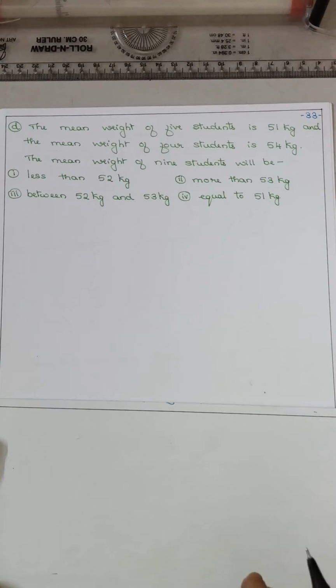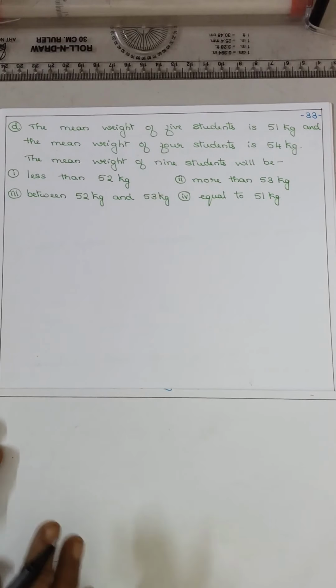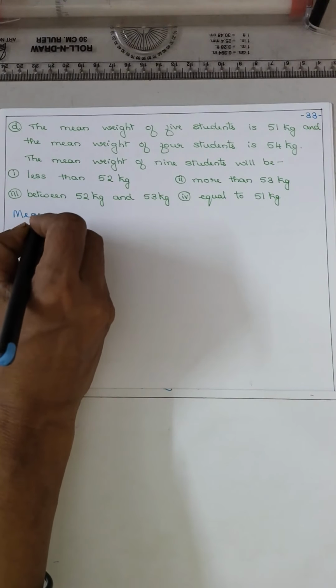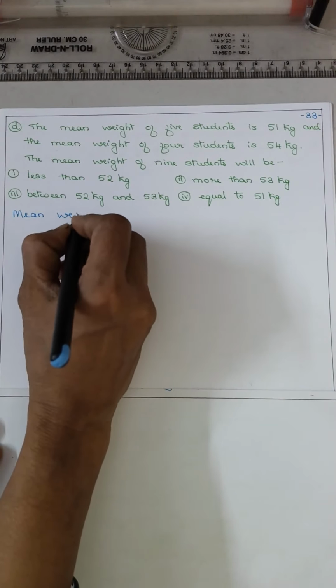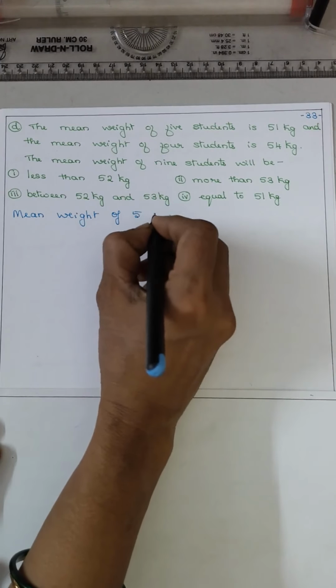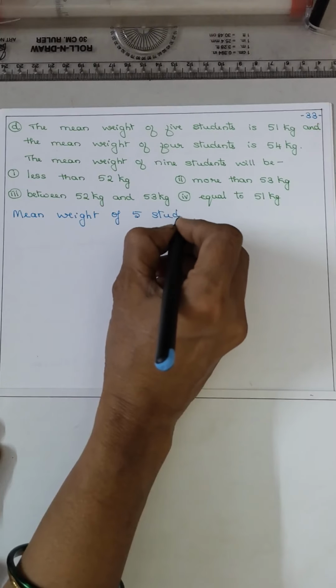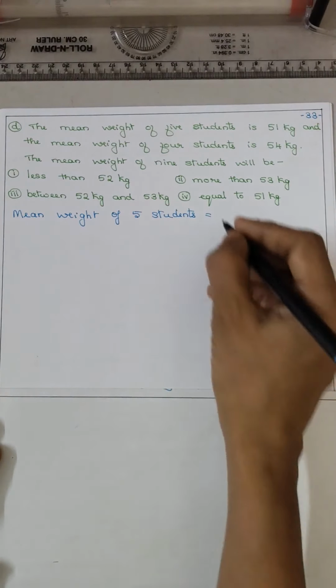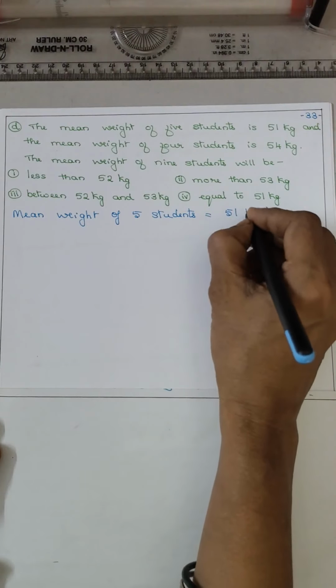The mean of both is given and the mean of the total is asked. So for that, what is the method? First write: mean weight of 5 students is equal to how much? 51 kg.